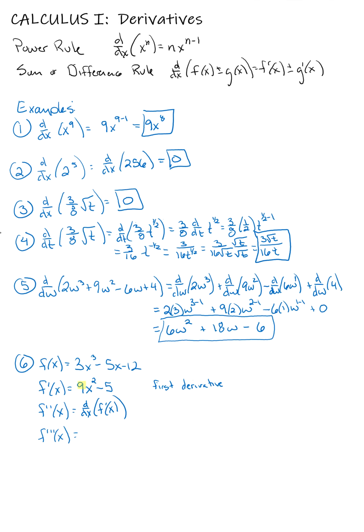Well, I'm now going to take the derivative of 9x squared minus 5. Again, using our power rule, multiply that 2 in the front, gives us 18, and then subtract 1 from that exponent gives me just a 1, which I don't need to write. And then the derivative of 5 is 0, so I don't have any constants there at the end. All right, not so bad. This, of course, would be the second derivative.